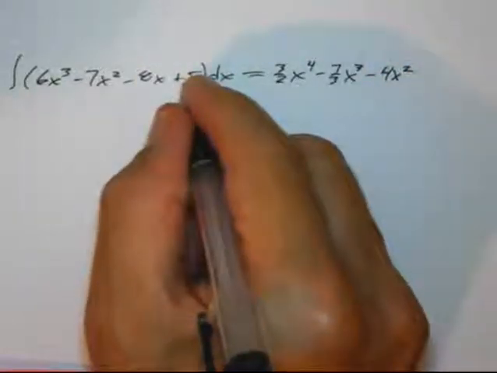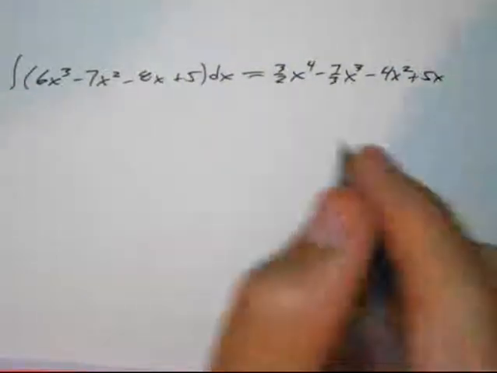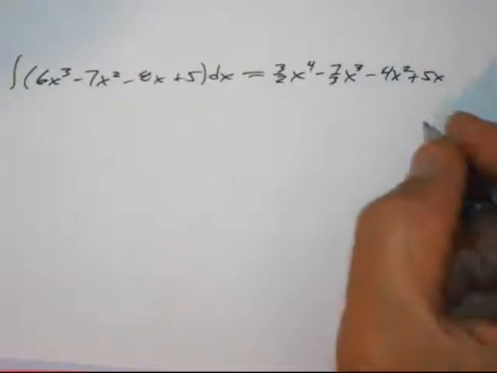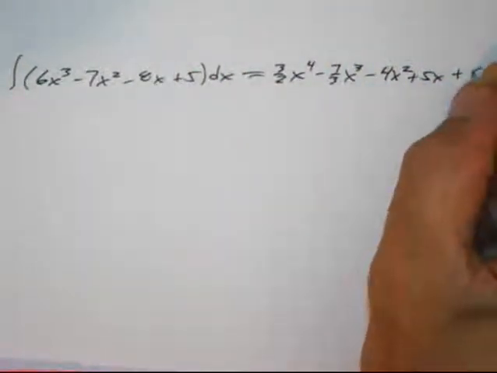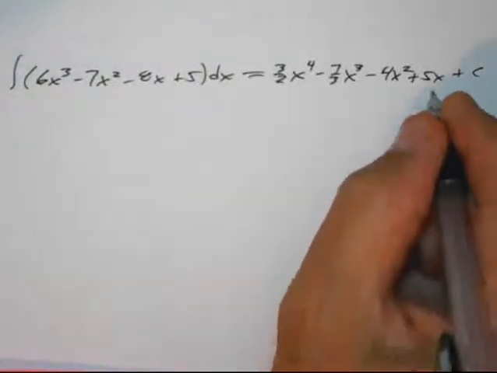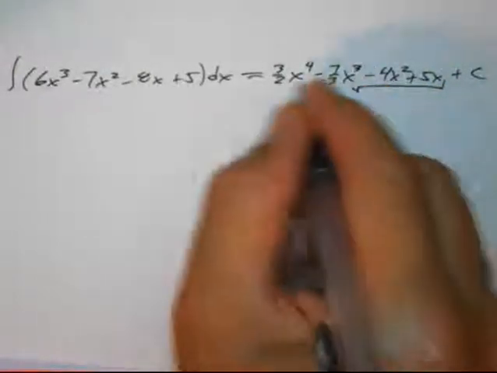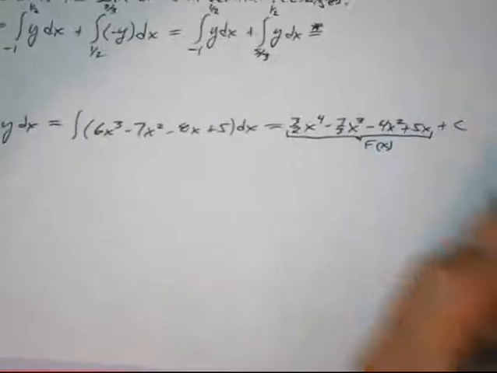And here we would just have a 5x. Since this is an indefinite integral, we're supposed to be recording all the antiderivatives here, so we need to put a plus c to accomplish that. But the one we want is the one with c equal to 0, so we can come right in here and claim this as being our capital F of x.